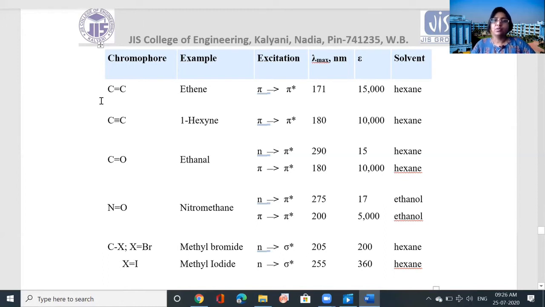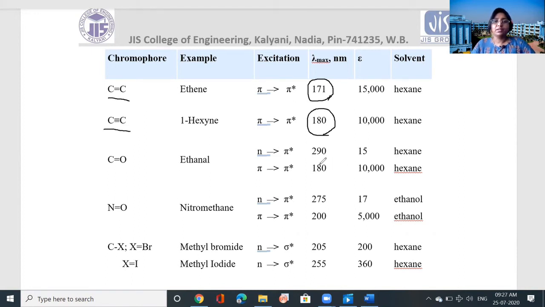So how can we identify, say, a sample that absorbed specifically the 171 nanometer wavelength? We can tell that it contains a C double bond C. If it absorbs the 180 nanometer wavelength, we can tell that it contains a triple bond.